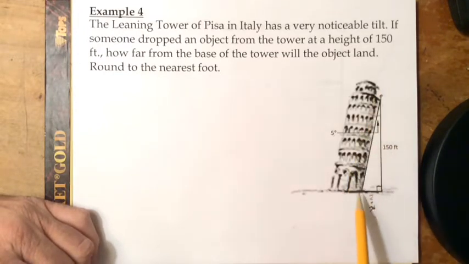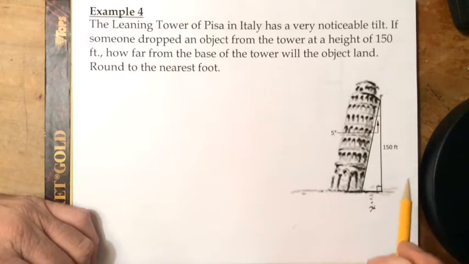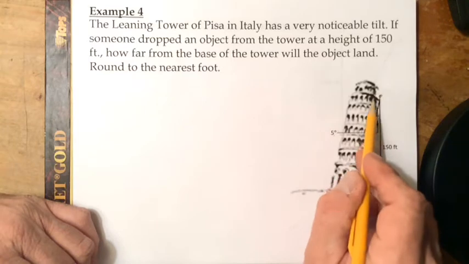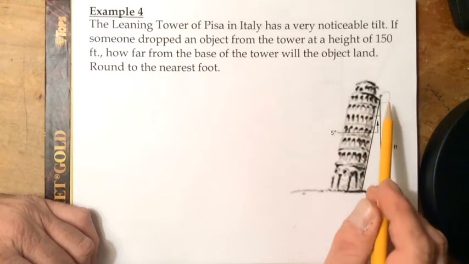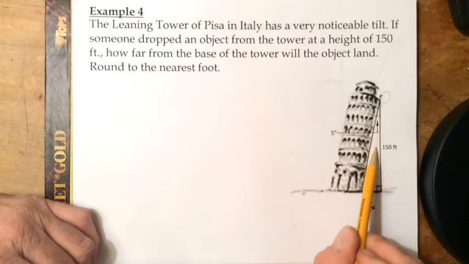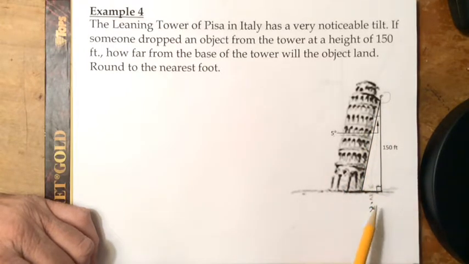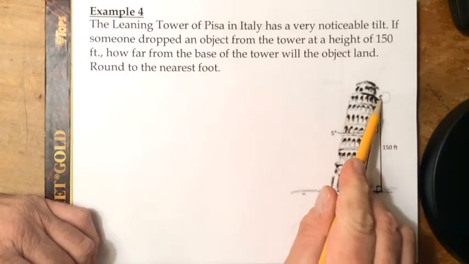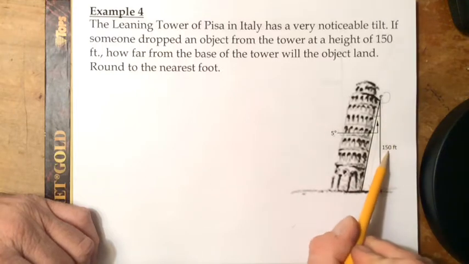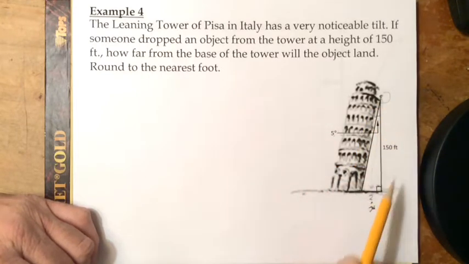So we look at our triangle and we say, okay, which angle besides the right angle do I know? I know this angle right here, 5 degrees. So we're going to start here. We need this side right here, this little side of the triangle. Well, that's opposite that angle. So we need opposite, but we also are given this side of the triangle here, which is adjacent. It's not the hypotenuse, so it's the adjacent side. So we need opposite and adjacent.